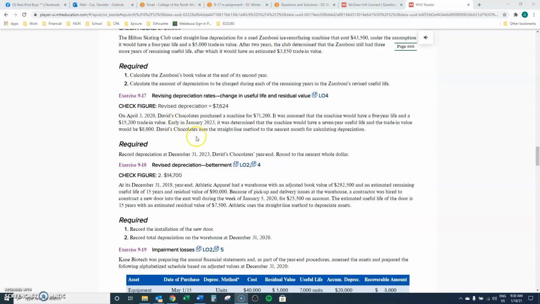Then calculate how much depreciation has been taken up to the point where the change happens. And then calculate the new depreciation amount, taking into account the same things you would normally, the residual value, but also taking into account that so much of the useful life has already passed and so much depreciation has already been taken.